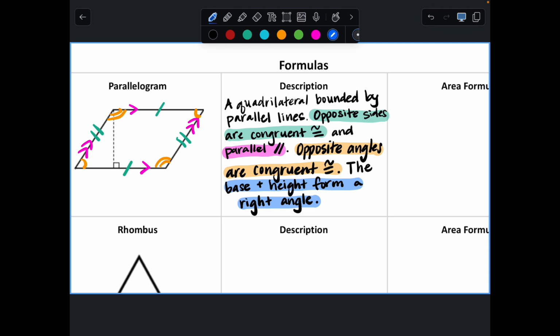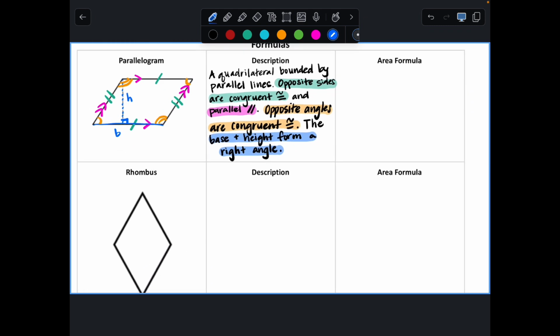So we have the base here and the height, and they make a right angle. And the formula for a parallelogram is base times height.